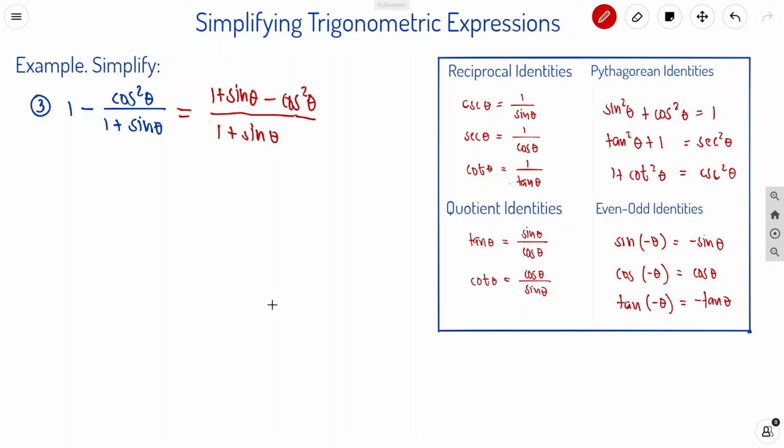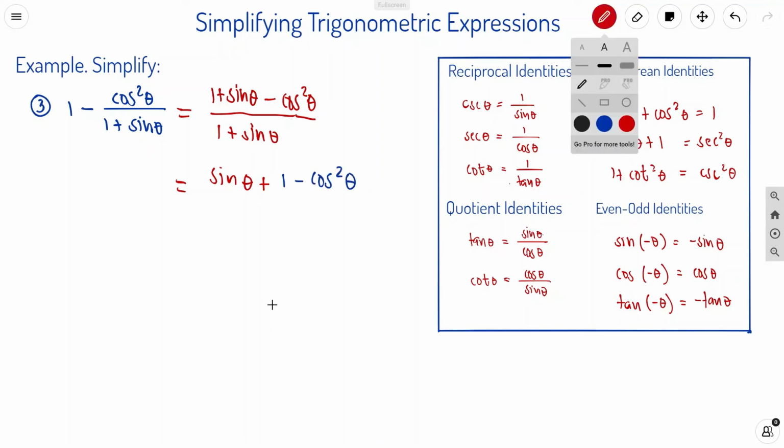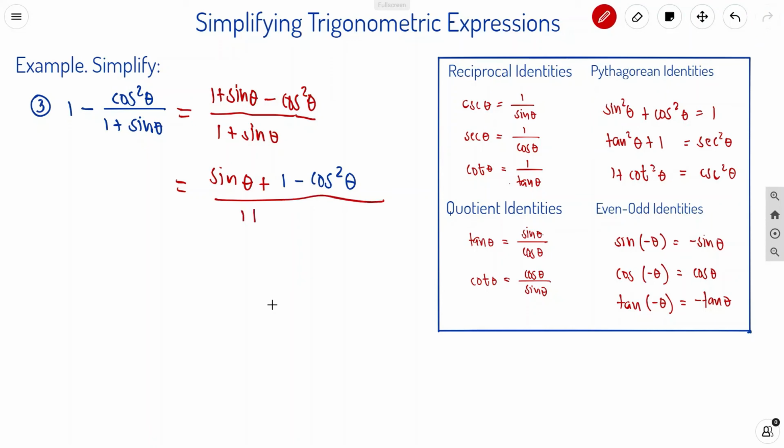Okay, now ang next natin gagawin dito is we are going to rewrite the given expression para makagamit tayo ng identities. And to do that, actually rewrite lang natin yung ating numerator. So that will give us sine theta plus 1 minus cosine square theta, then over 1 plus sine theta.